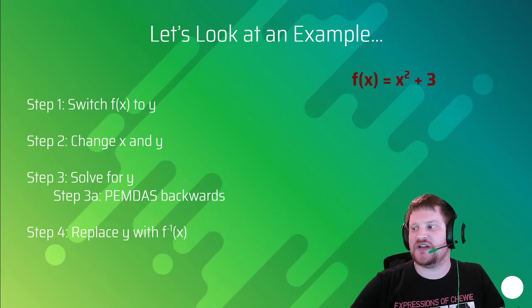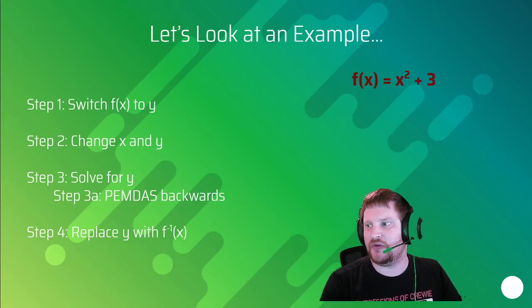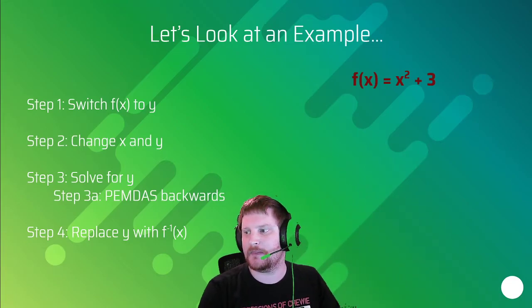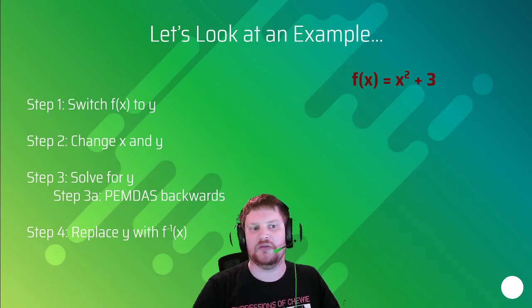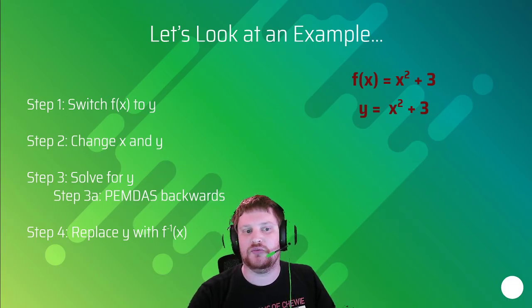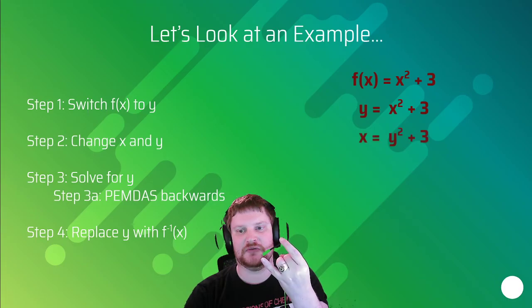So let's say, for example, we have f of x equals x squared plus 3. Well, step 1 is to switch f of x to y. Just like that. Step 2 is to change places, change x and y's places.